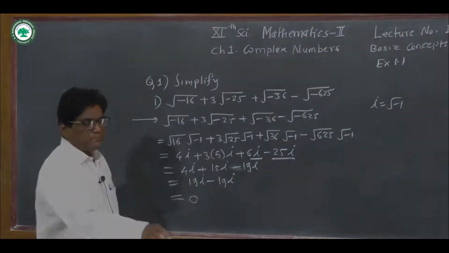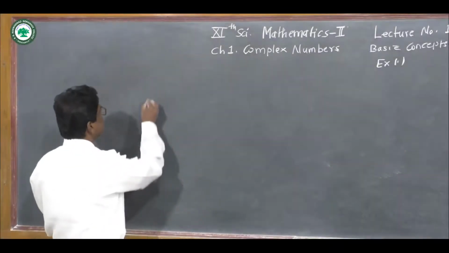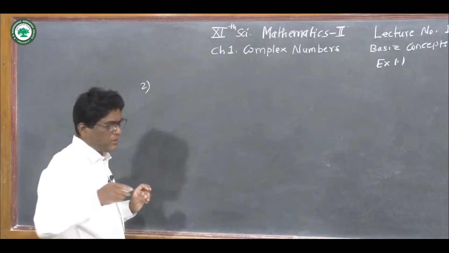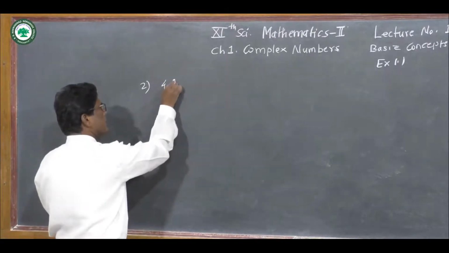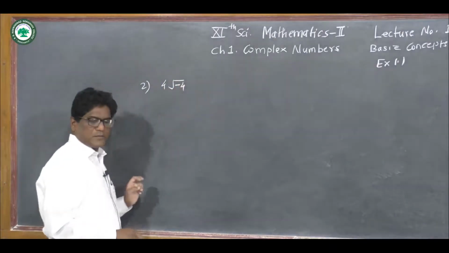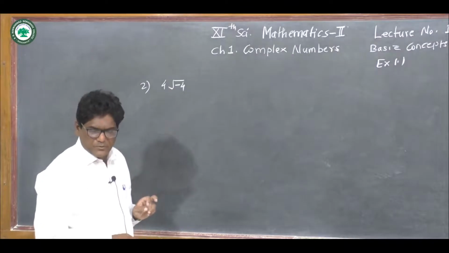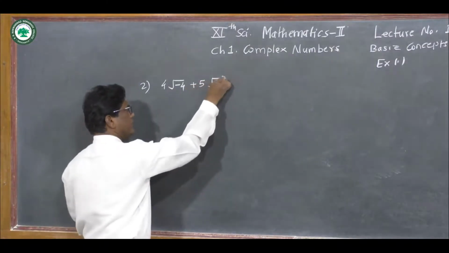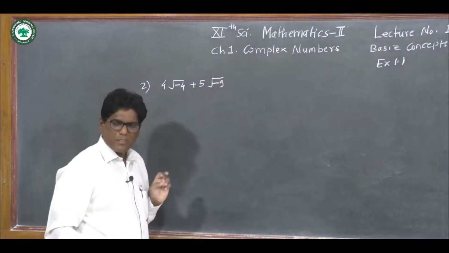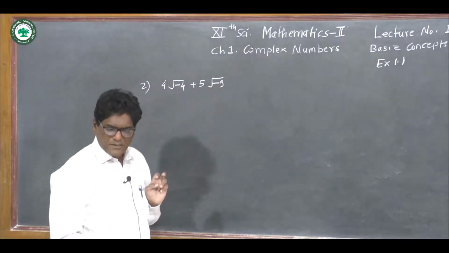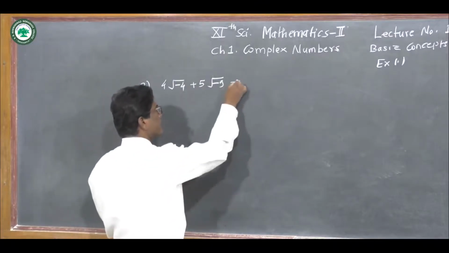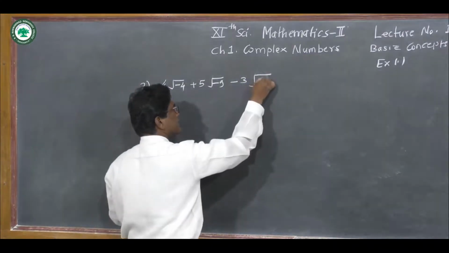Now the second problem. 4 into under root of minus 4 plus 5 into root of minus 9 minus 3 into root of minus 16.